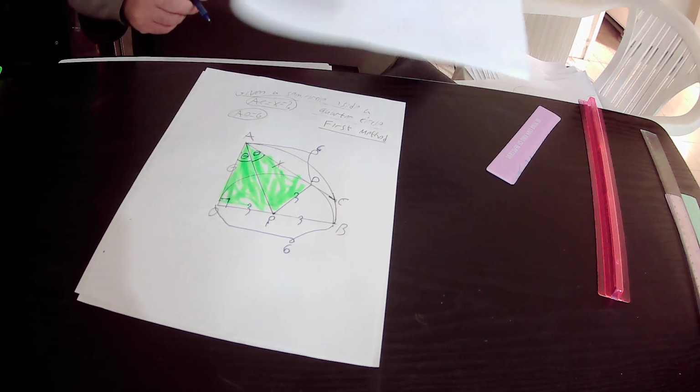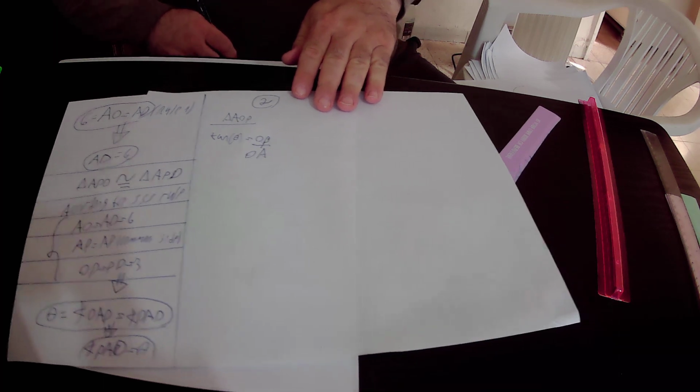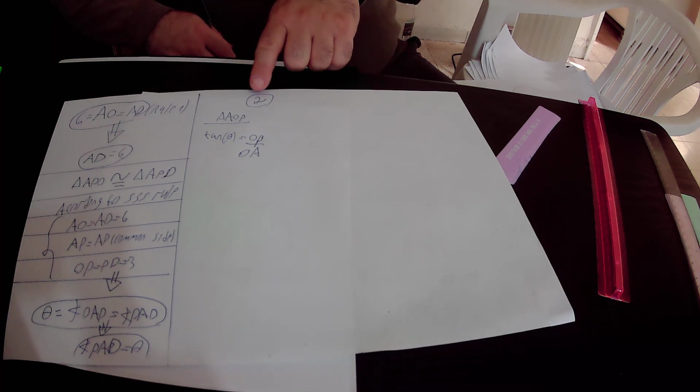I will repeat again. In the right triangle AOP, tan theta equals OP over OA.